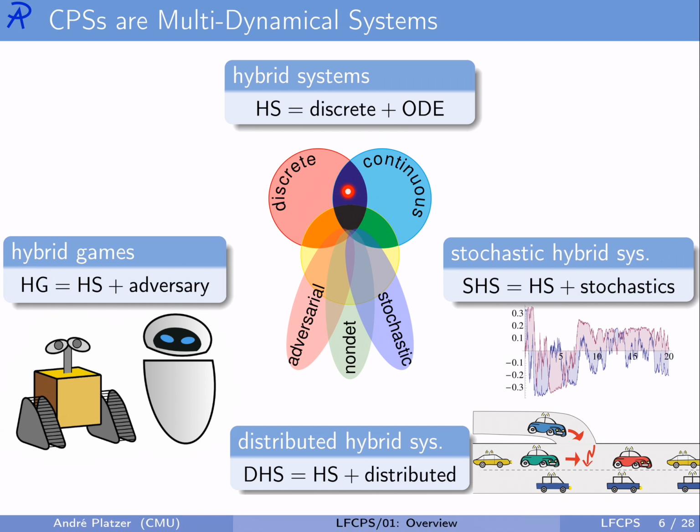And in fact, the first part of this course will be covering only the hybrid systems aspects of it because they're a very fundamental basis. But later on in the course, we will go back to this multidynamical systems idea and realize that adversarial dynamical systems aspects are also of interest, in which case we will find the hybrid games subclass.